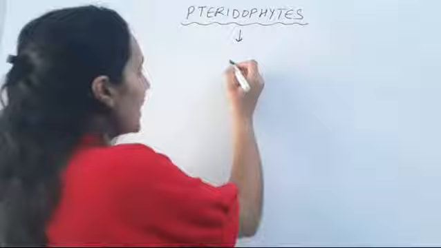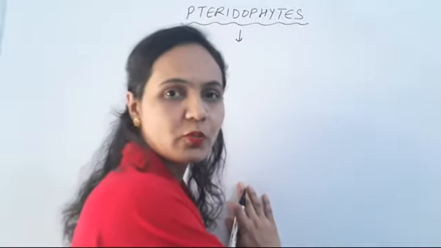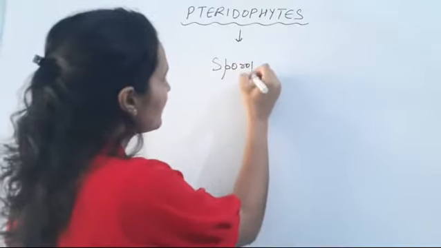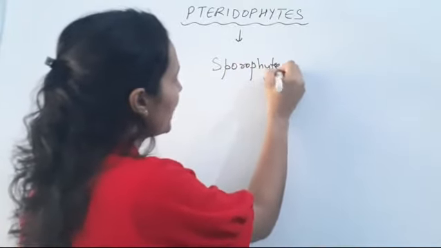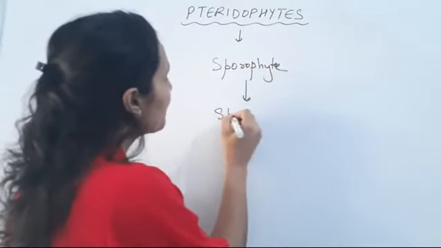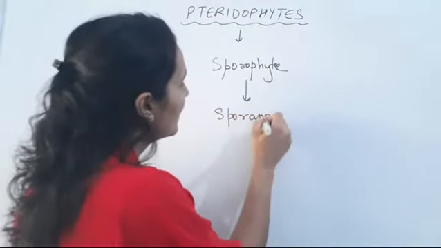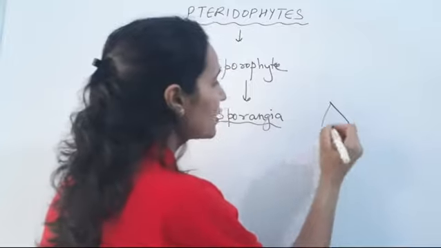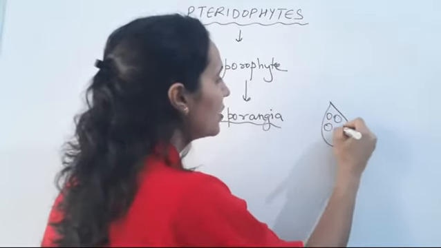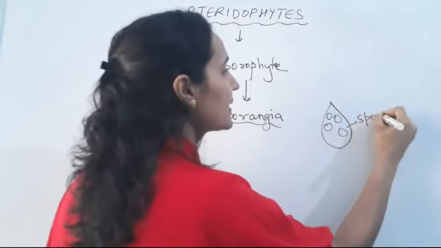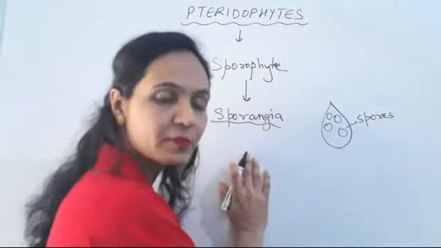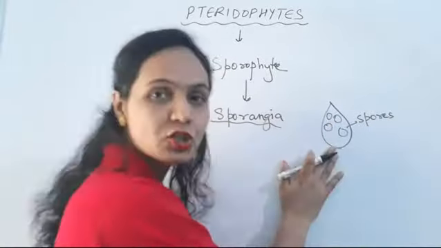Okay, I told you that the main plant body was sporophyte. So here the sporophyte has sporangia. Sporangia is a structure that contains spores. So the sporophyte has sporangia that contain spores.